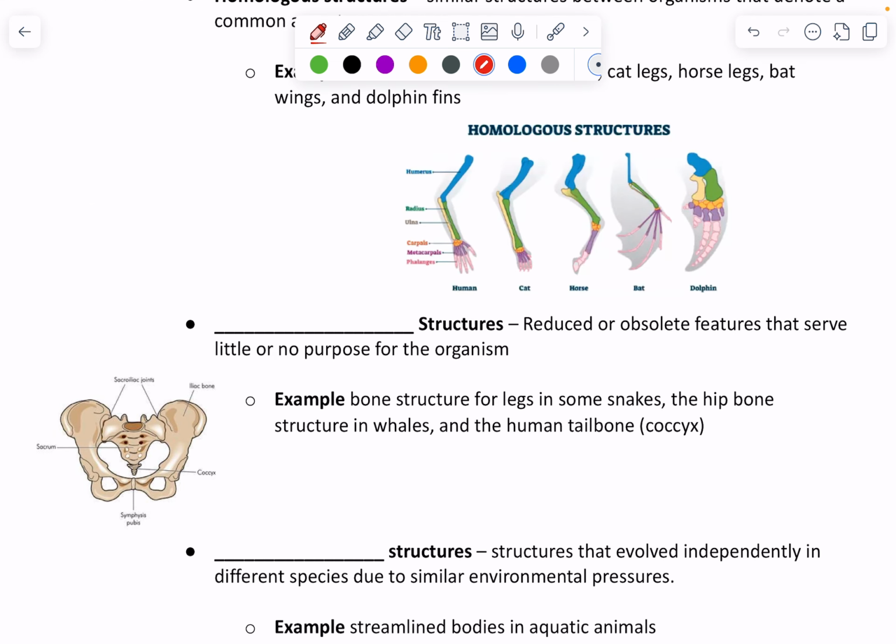Okay, another evidence for evolution, we got vestigial structures. So these are features that organisms today no longer use. They no longer serve a purpose, but they denote a common ancestor that used to have that function. So for example, snakes have been found to have some bone structures for legs in them.